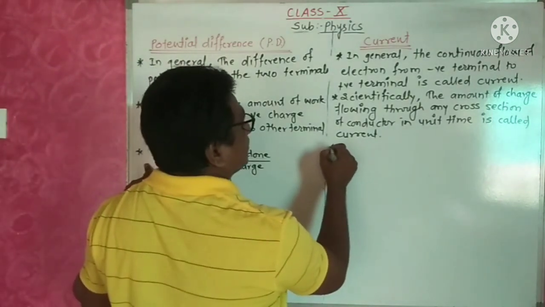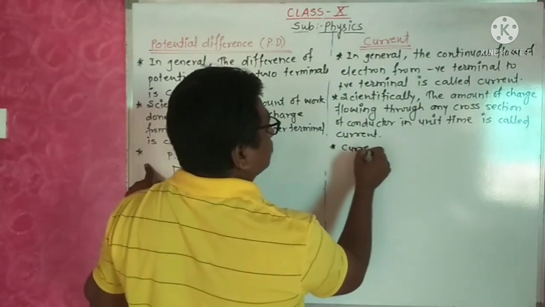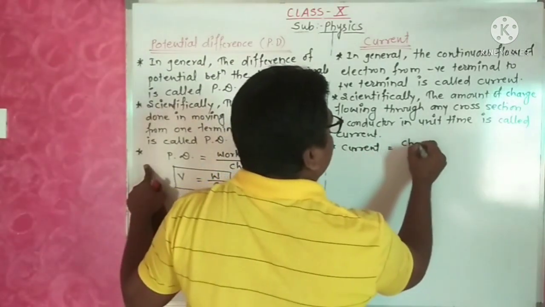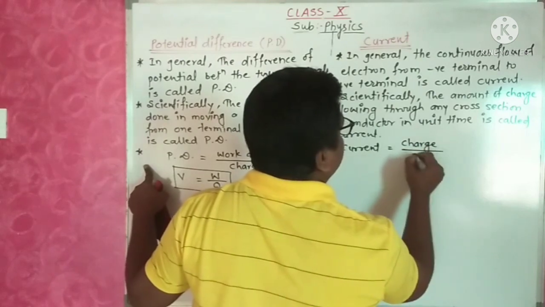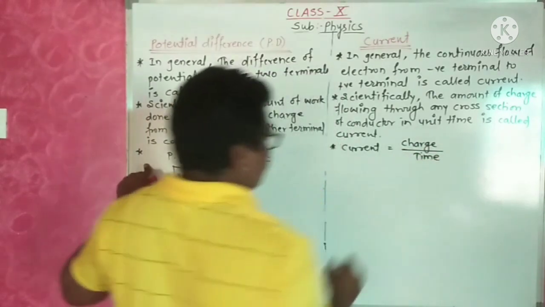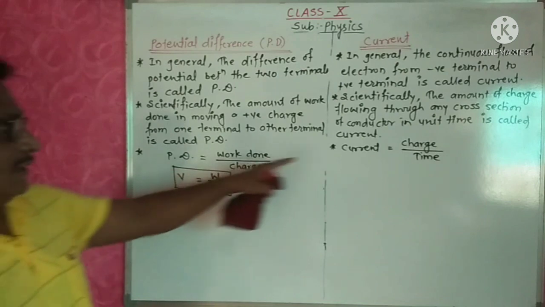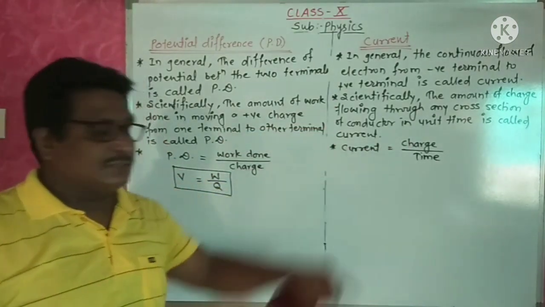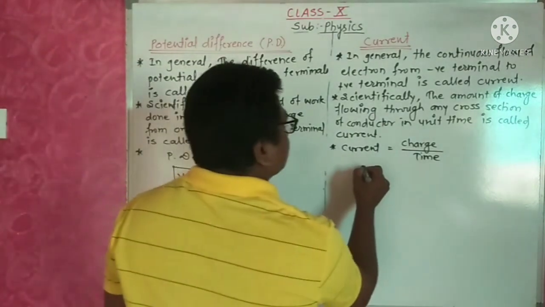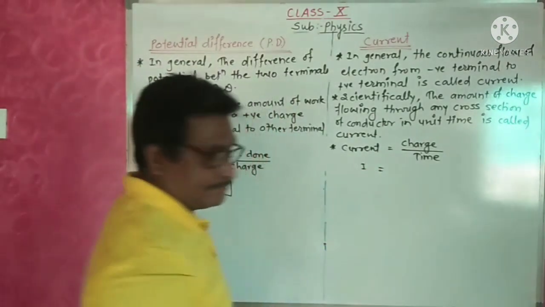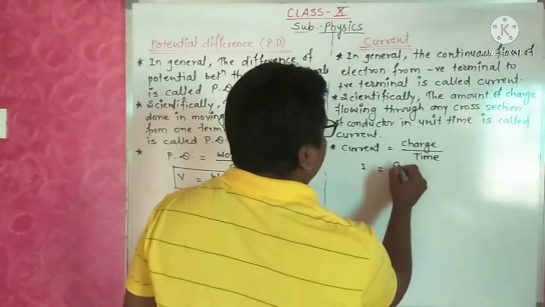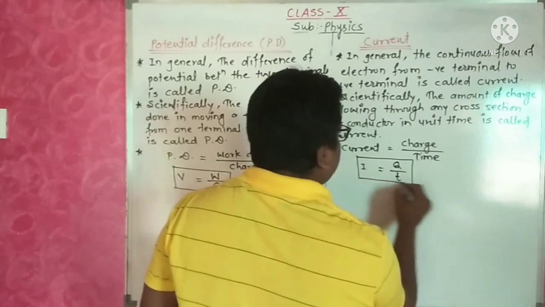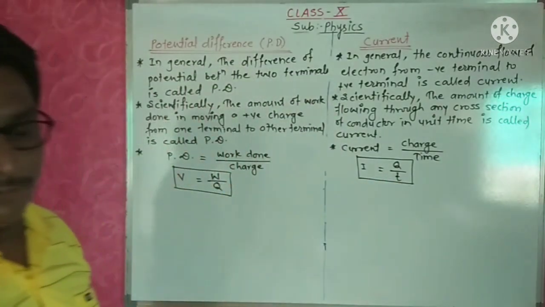So according to the definition, current equals charge by time. Current is denoted by I, charge is Q and time is T. So the formula is I equals Q by T.